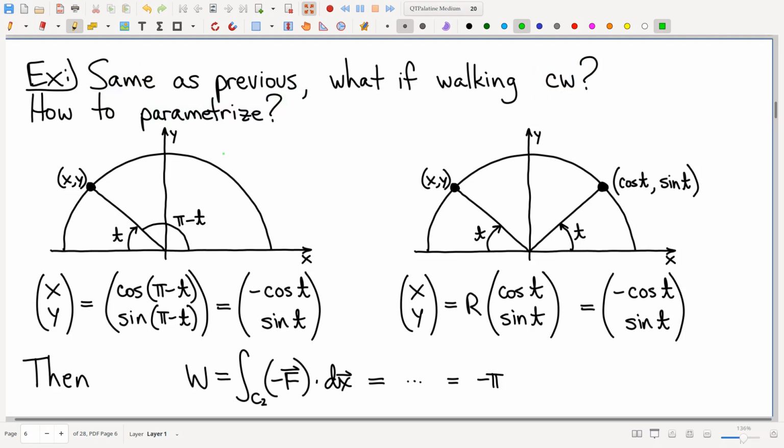And by direct, what I mean is we are going to parameterize this curve clockwise, like so, in other words. Right? We start here, we end there. How do we parameterize clockwise around the top half of the unit circle? So we can't just say cosine t, sine t, that's counterclockwise.